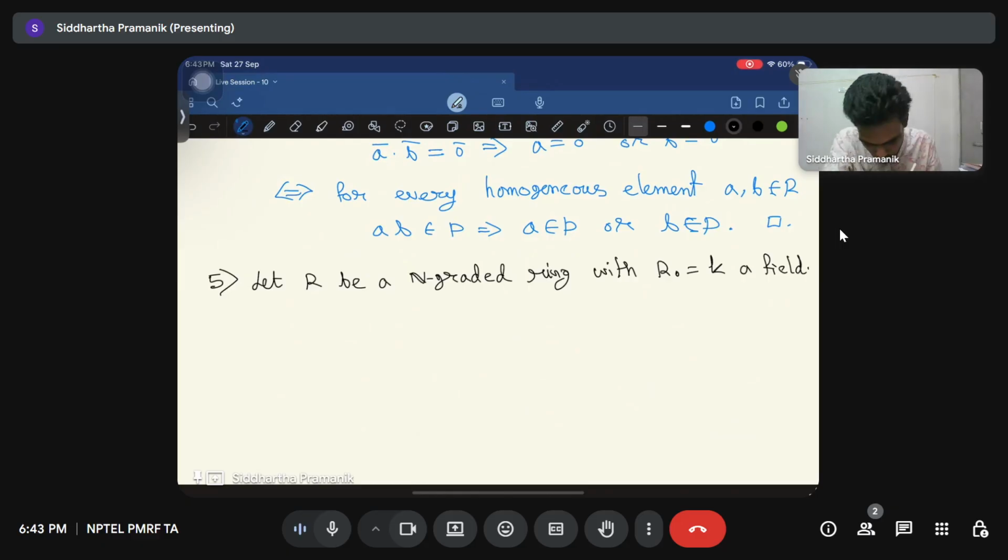Now suppose the quotient R modulo its nilradical is reduced.